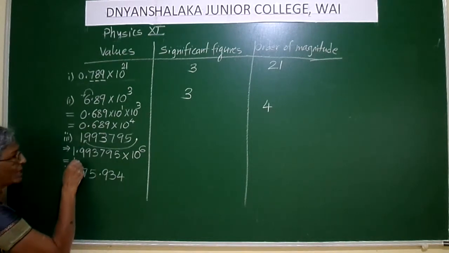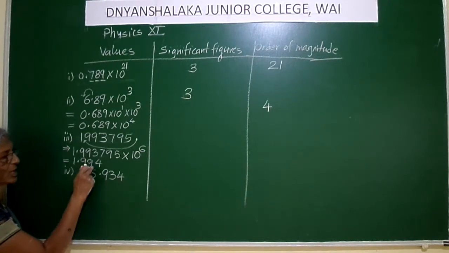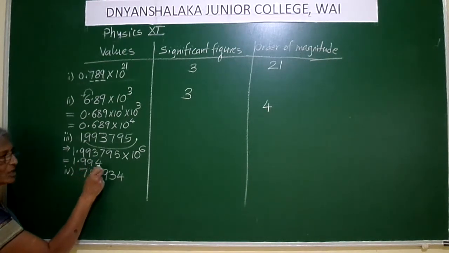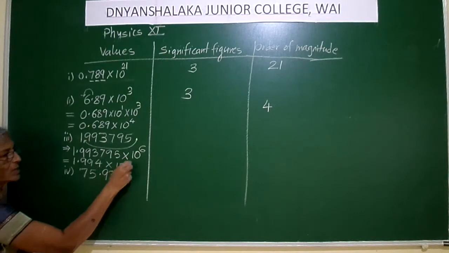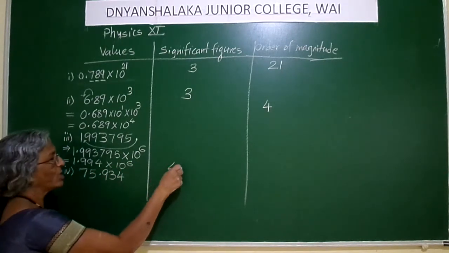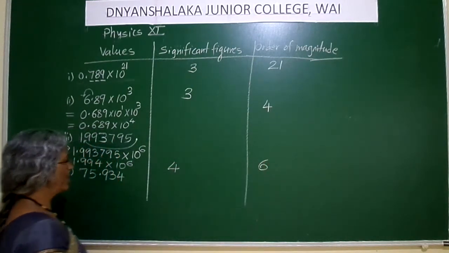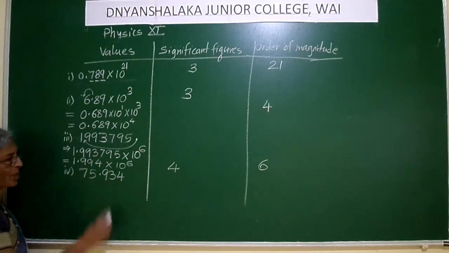So I will take it as 1.994. The first 3 digits are certain. This is the first uncertain digit. I am taking it into 10 raised to 6. So 1, 2, 3, 4. I can write 4 significant figures and order of magnitude will be equal to 6. Getting it?